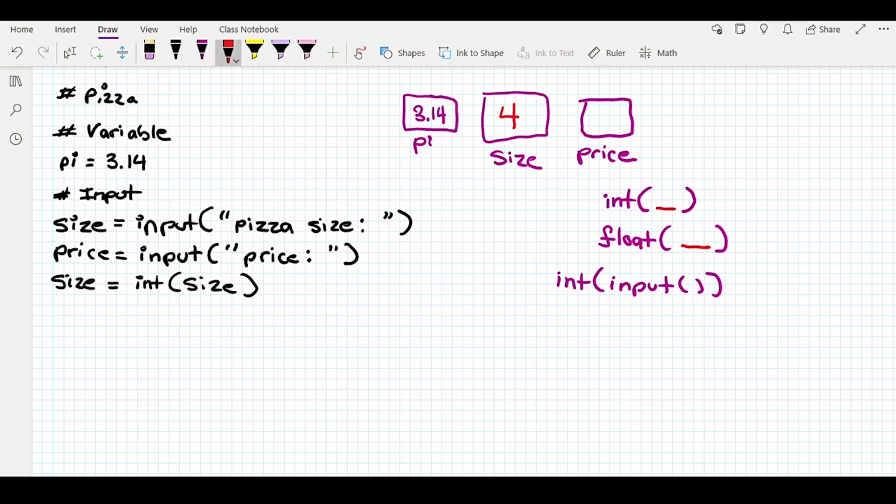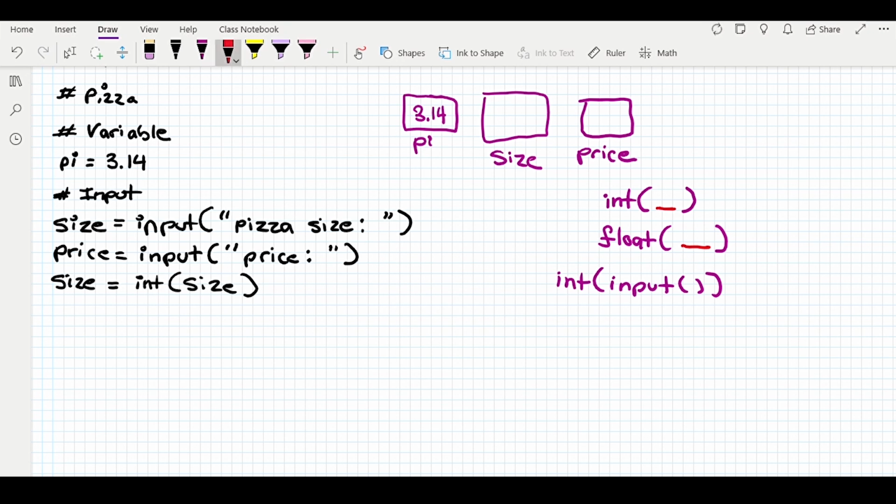So that's something to look out for, your type errors. So what we're doing is we're saying, hey, whatever is inside of size, we are going to convert that to an int. In this case, it was the string 4 that then gets converted to the integer 4.